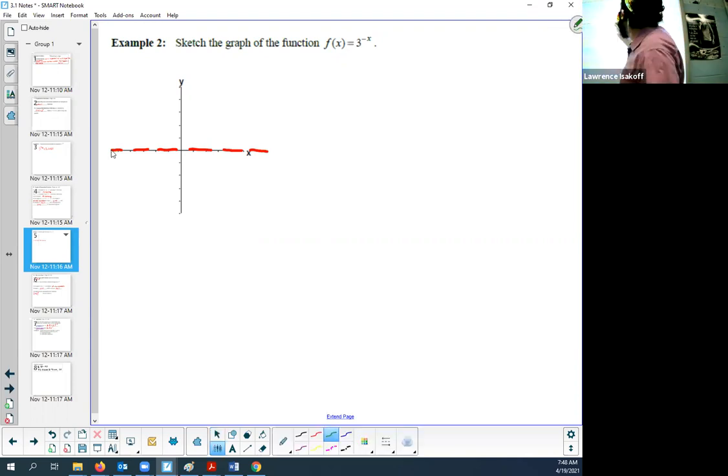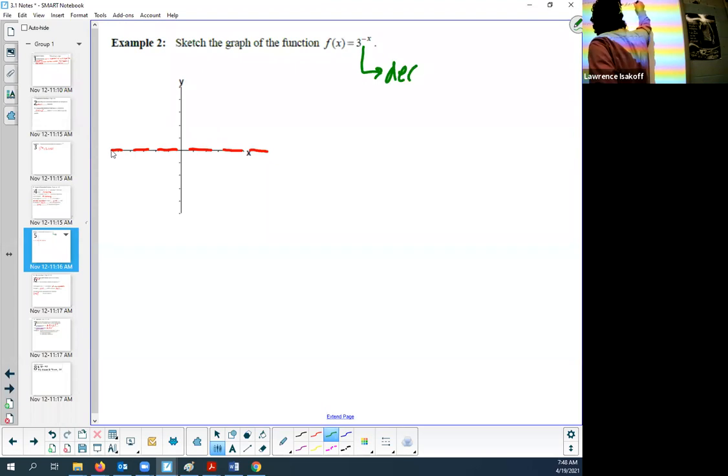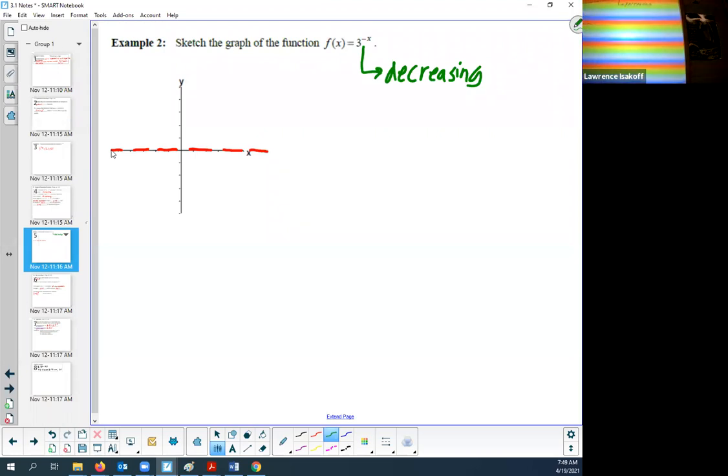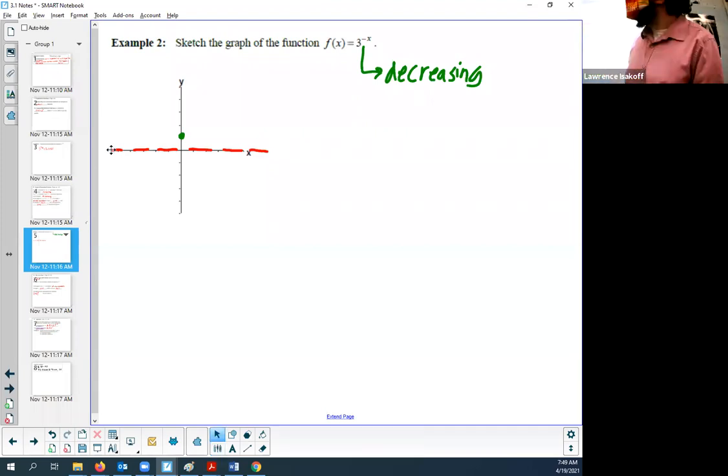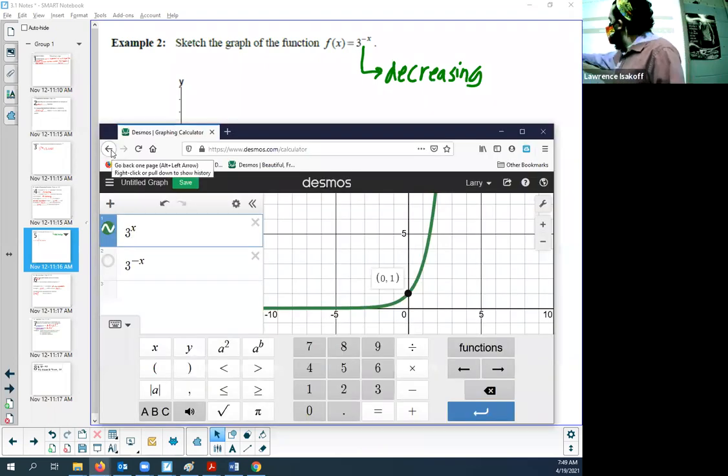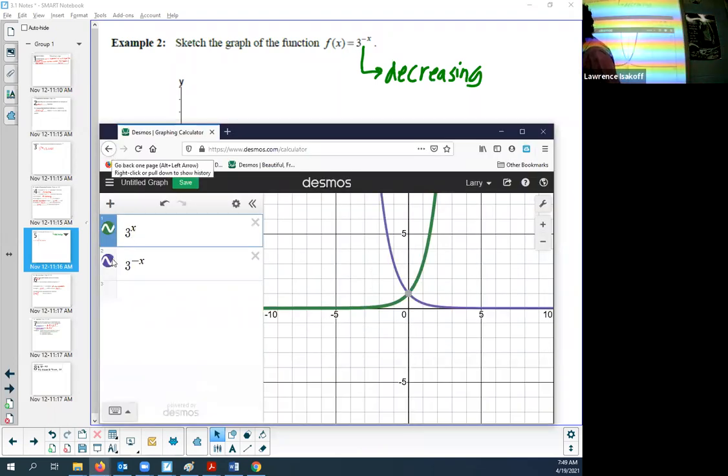So here, since it's negative, I know this is decreasing. I know it has a y-intercept right here. And actually, that just happened to be what I had put for this function here.